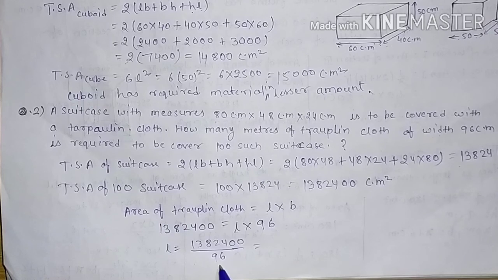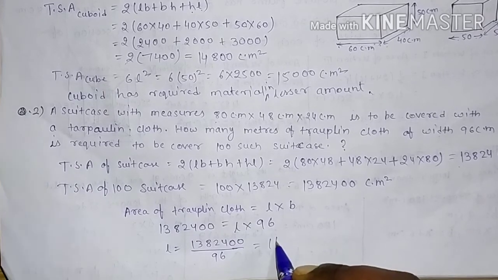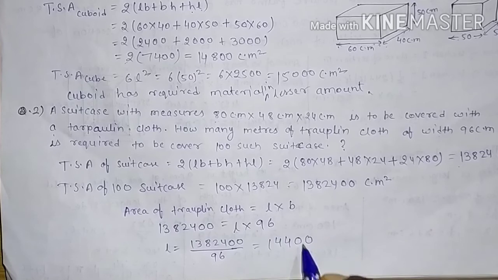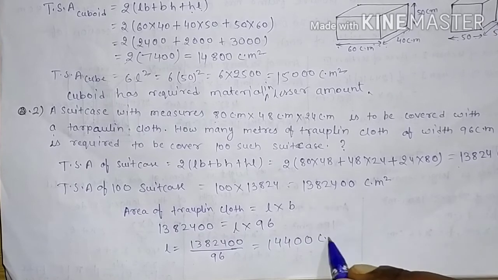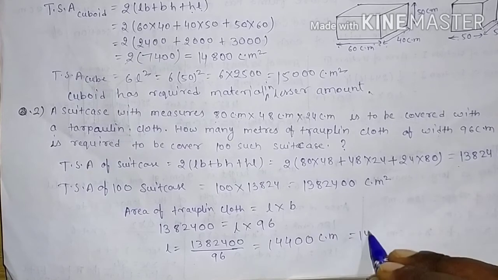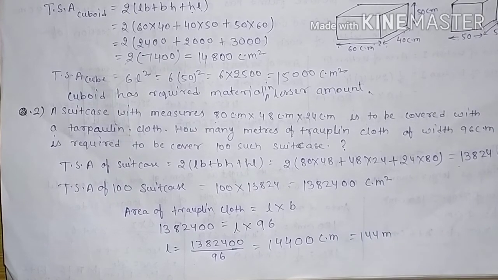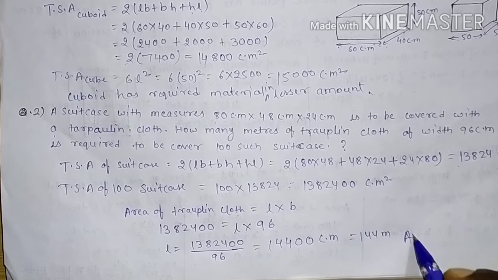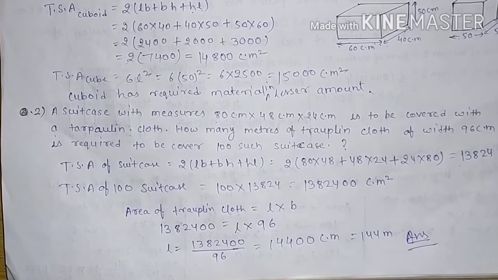Now just simplify it, so we can get here 14400 centimeter. Okay, so just convert into meters, so it will be 144 meter. Now the length of a cloth which is required to cover the 100 suitcases is equal to 144 meter. Now this is the answer. Now this is very simple.